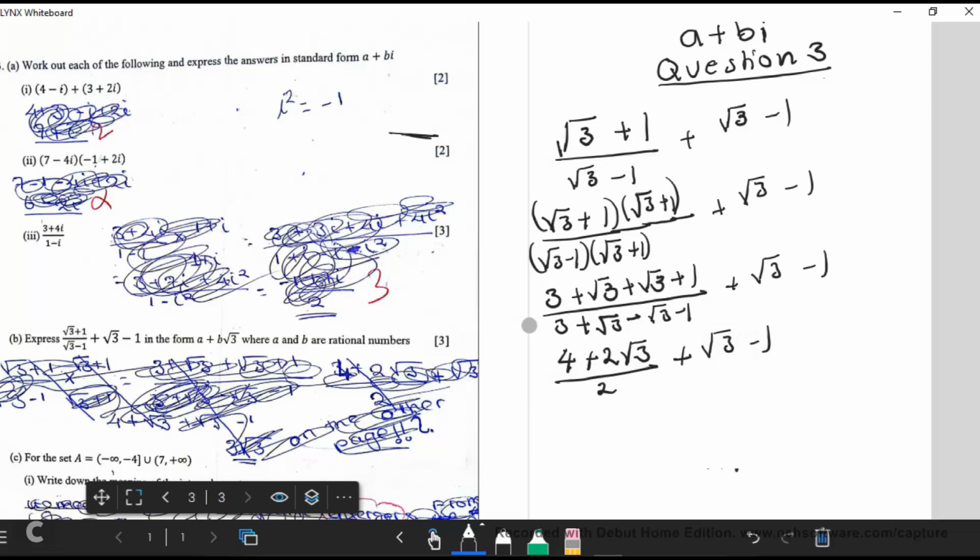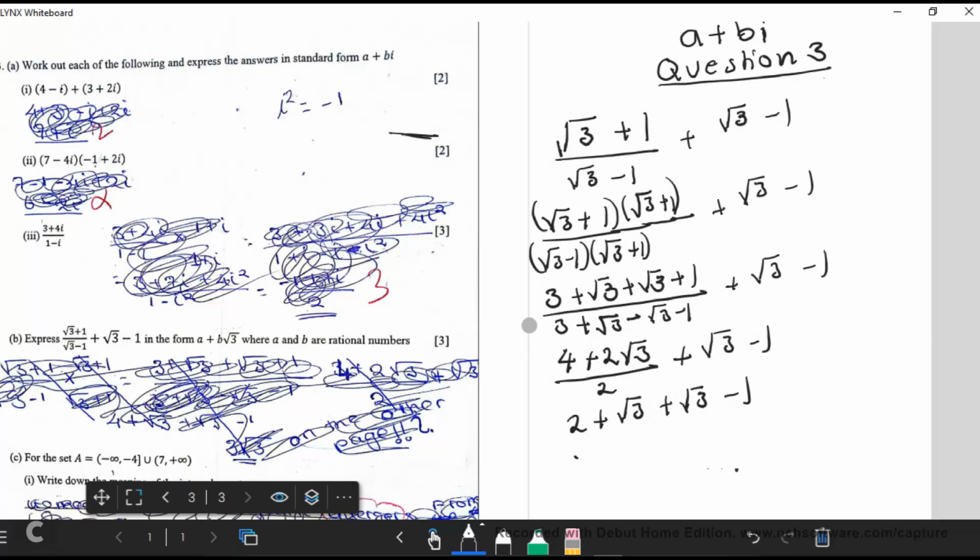Here it is root of 3 minus root of 3, meaning it will just be 0, plus root of 3 minus 1. So this 2 can go in here, then this 2 can go in there, and 2 over 2 is 1, so it will be root of 3 plus root of 3 minus 1.